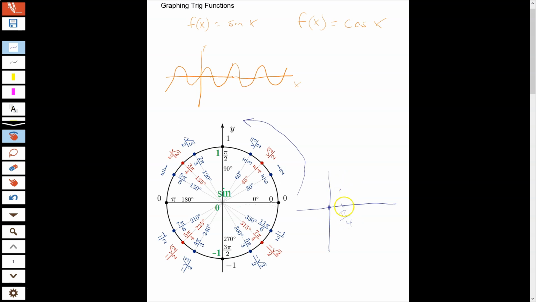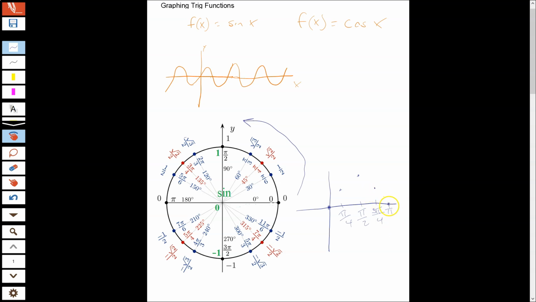And then at pi over 2, sine of x is 1. So we're starting to see it, we're making a little hill here. Then at 3 pi over 4, we're again back down at root 2 over 2, which is a little more than 1/2. And then at pi, we're back down at 0.